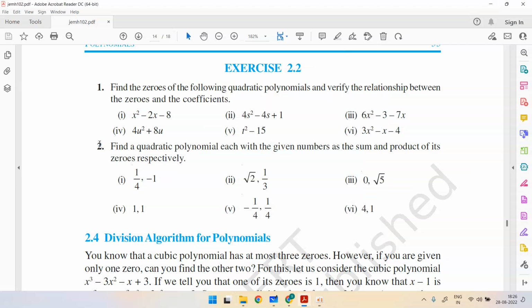Now in this lecture I will be doing exercise 2.2 of chapter 2 on polynomials. Question number 1: find the zeros of the quadratic polynomial and verify the relation between the zeros and the coefficients.